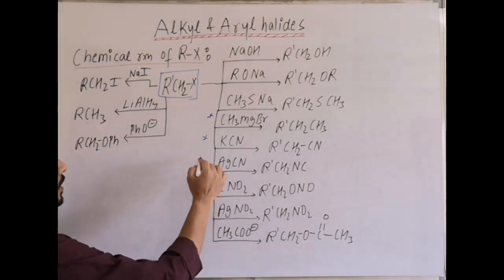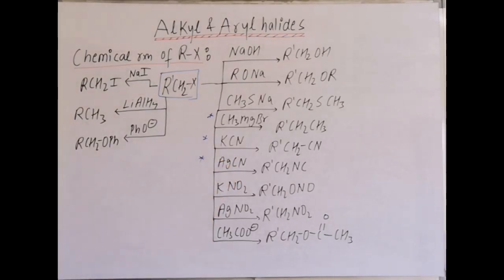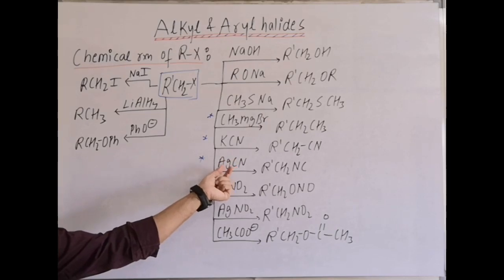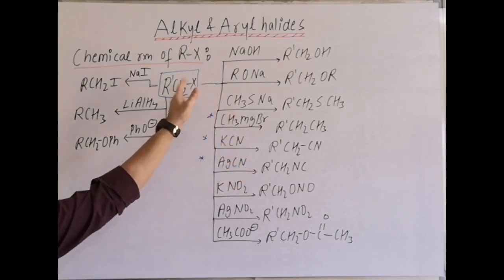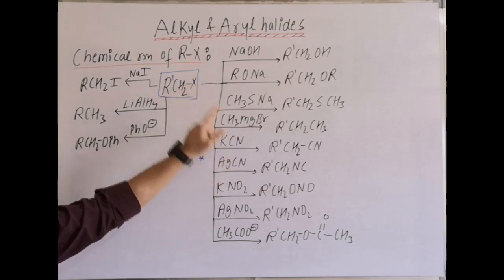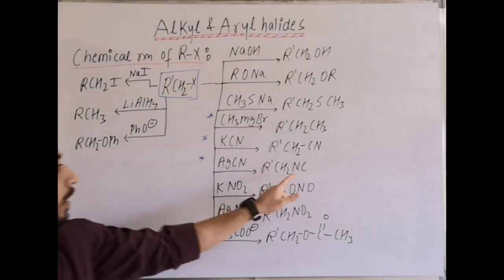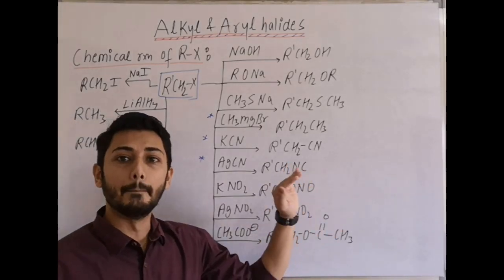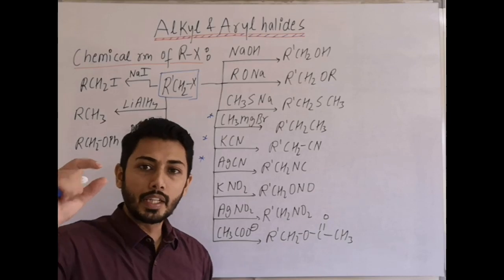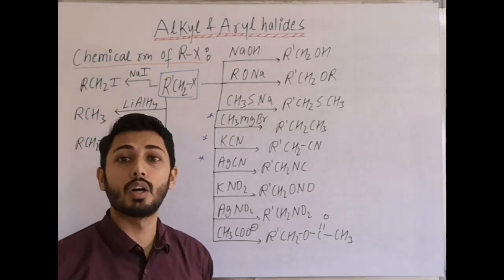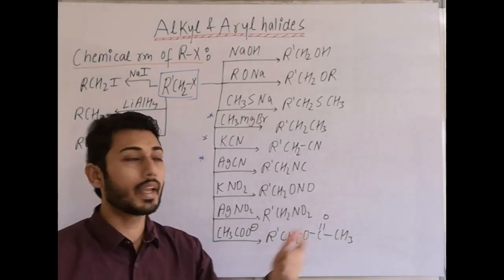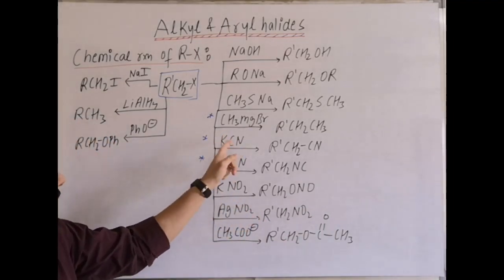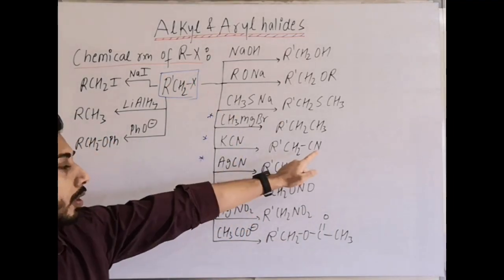Next reaction with silver cyanide. Again an important reaction. In silver cyanide, due to it being a weak electrolyte, there is a covalent bond between carbon and silver. That means nitrogen attacks first and the major product is isocyanide, because nitrogen attacks first in the case of silver cyanide, whereas in strong electrolyte KCN, carbon attacks first and we get alkyl cyanide as the major product.